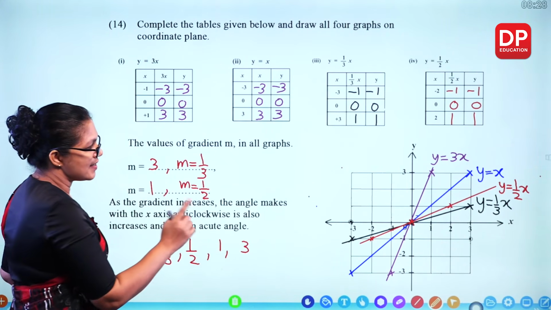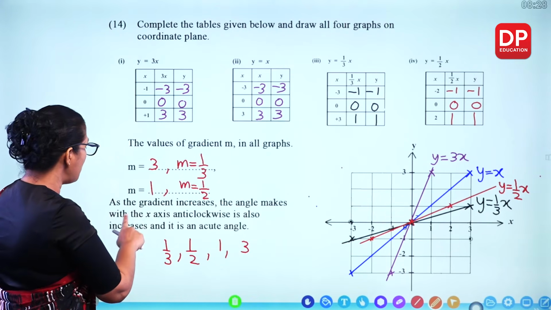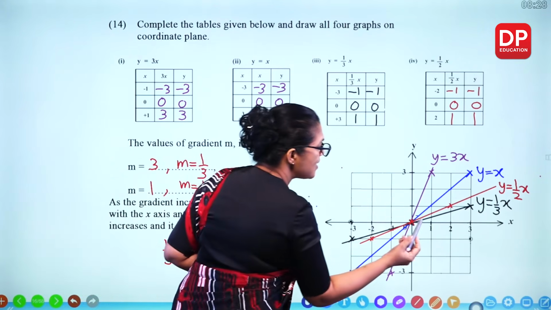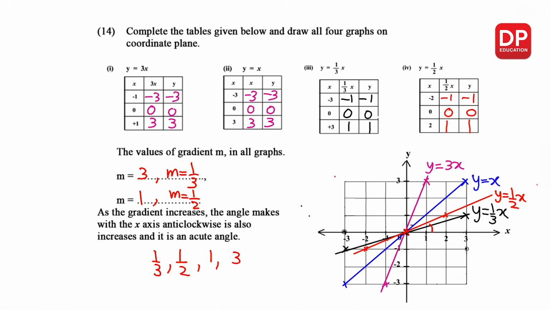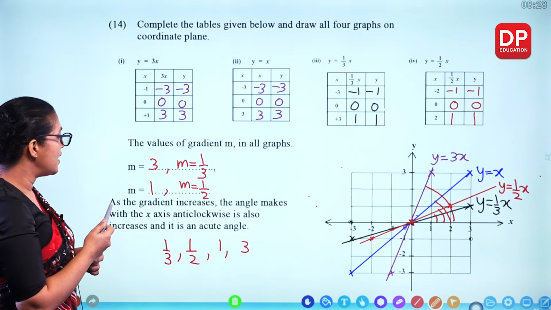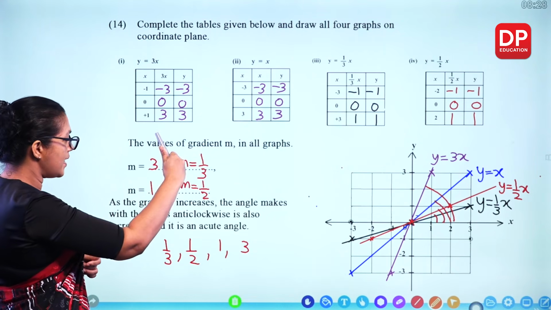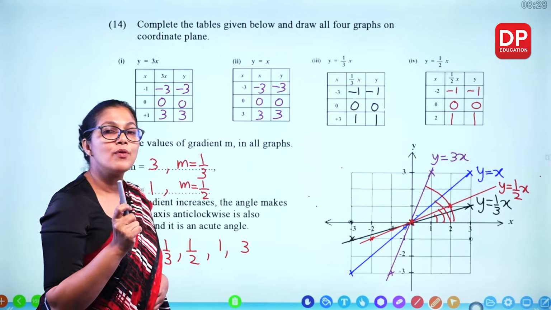Gradient increases. Here the gradient is increasing. The angle it makes with the positive x-axis, measured anti-clockwise, is increasing. As the gradient increases, the angle with the x-axis also increases, and it is an acute angle.